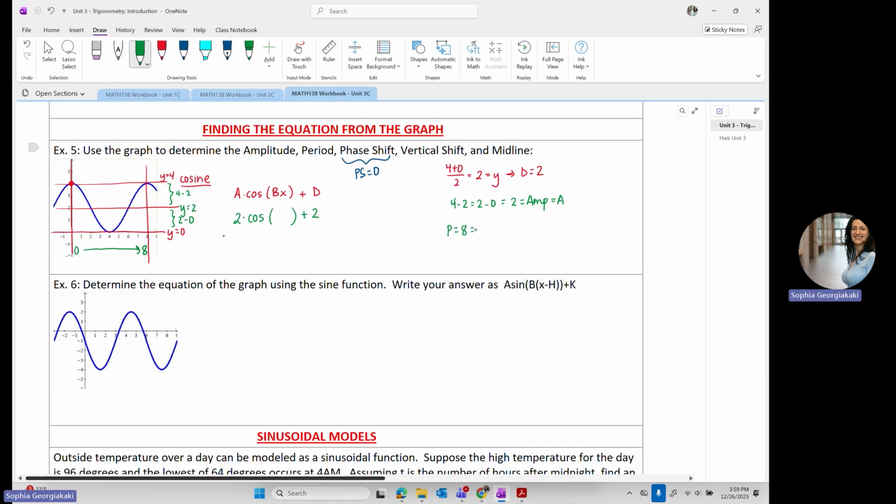The period is also 2 pi divided by B. And I'm going to solve this equation for B. So I'm going to multiply by B. 8b is equal to 2 pi. And therefore B is equal to 2 pi divided by 8, or pi quarters. So the equation of this function is 2 times the cosine of pi quarters x plus 2.